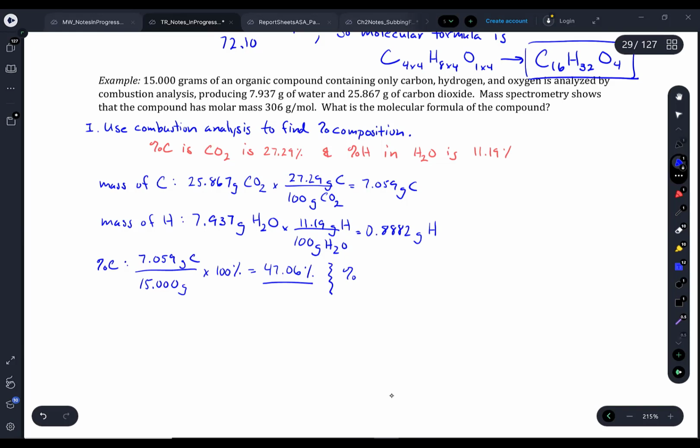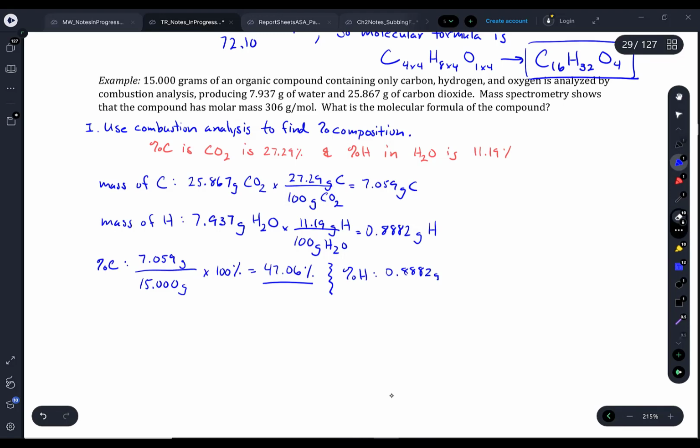The percent of hydrogen is going to be what? 0.8882 grams of hydrogen over, and you know what? Let me get rid of C because that doesn't really make sense. The units don't really cancel.